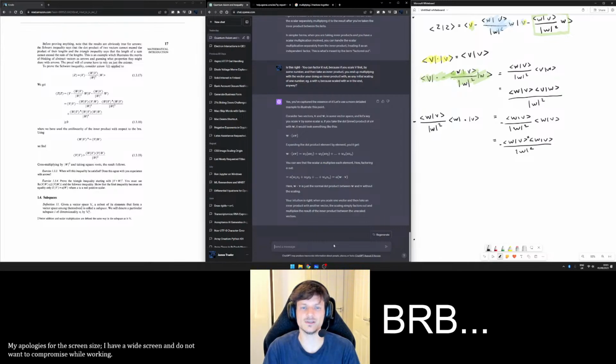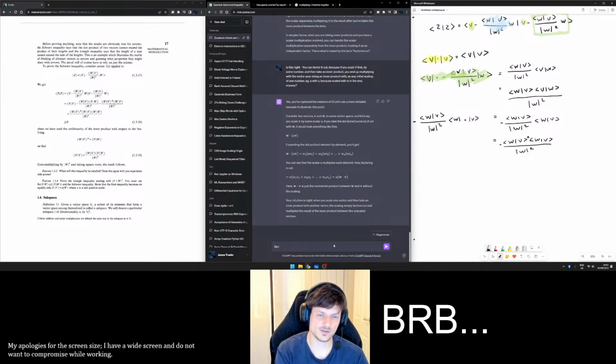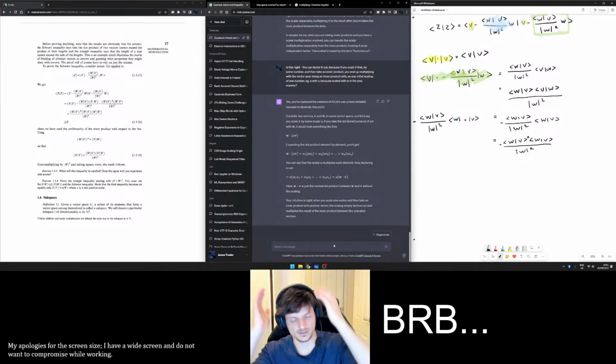Now factoring a out, these equal a wv. Here wv is just the normal dot product between w and v without the scaling. When you scale one vector and then take an inner product with another vector, the scaling simply factors out and multiplies the result of the inner product between the unscaled vectors. Yeah, okay, fine, it's fine.